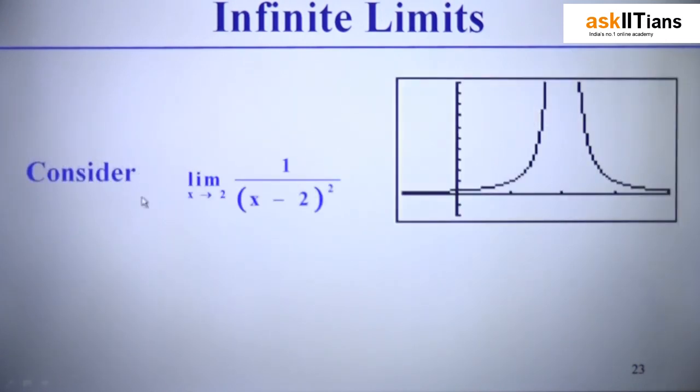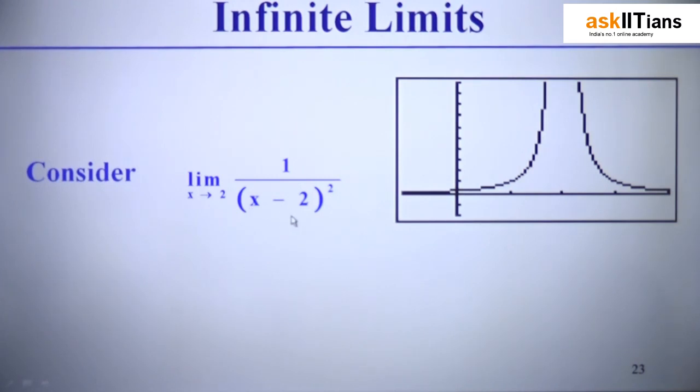Suppose you have been given the function 1 upon (x minus 2) whole square, and you have been asked to find the limit of this function when x tends towards 2. Now we'll have two cases. Suppose I am going towards the point 2 from the left hand side. The value of x will be a bit smaller than 2. Suppose I consider x to be 2 minus h, where h is greater than 0.